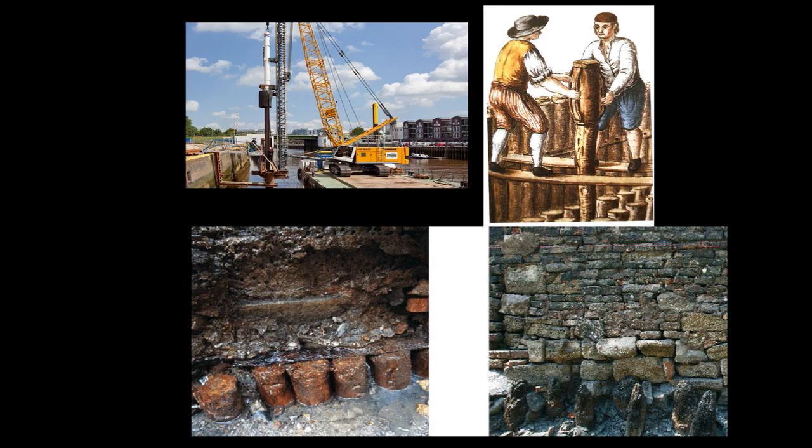Only today, the pilings are often tubular steel and they're pounded mechanically. But in the medieval period, without that technology, they were essentially extremely long trunks of trees that were pounded down by hand.